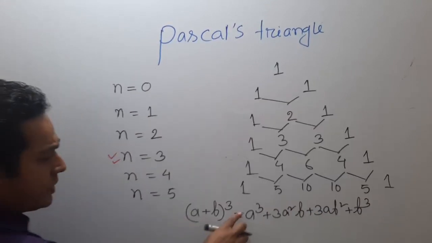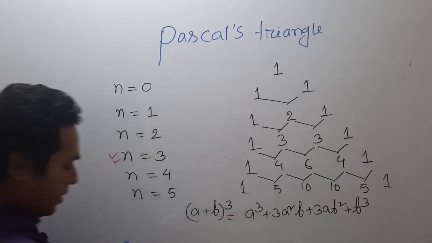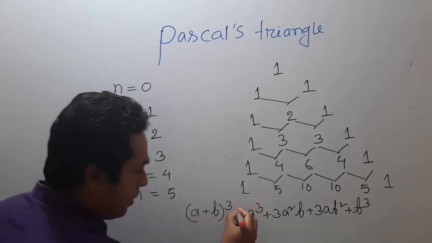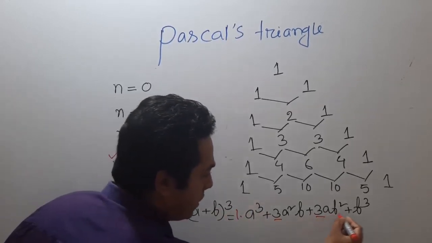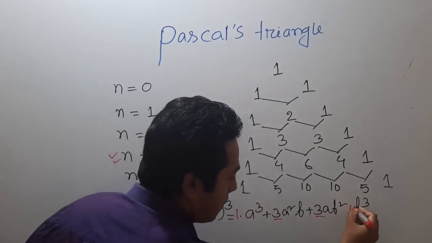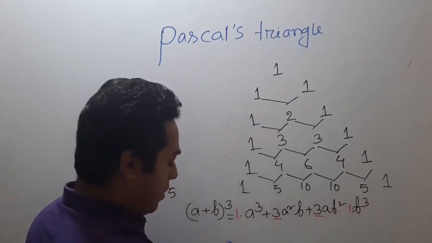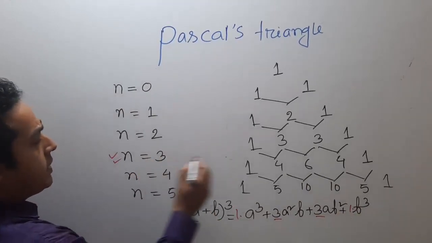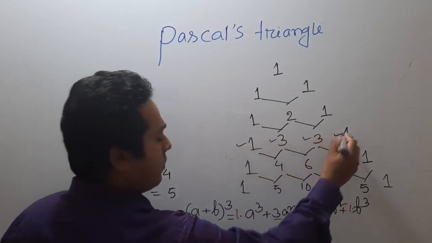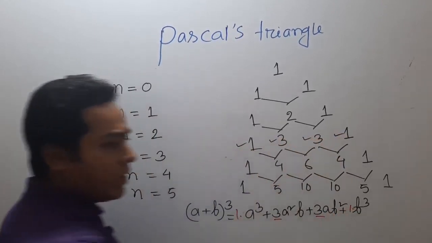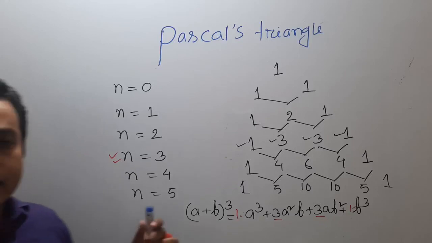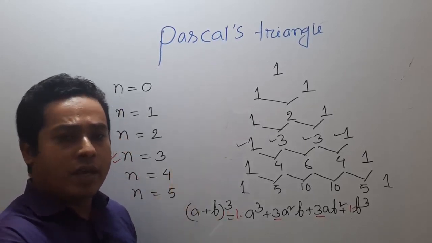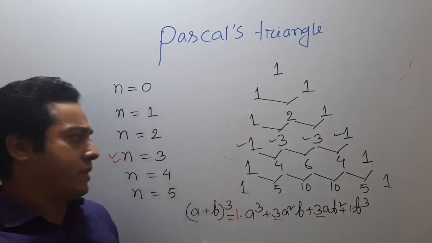Here the coefficients of this expansion are 1, 3, 3 and 1. So here the Pascal's triangle coefficients for 3 are 1, 3, 3 and 1. So Pascal's triangle gives us the coefficients of the terms of a binomial expansion.